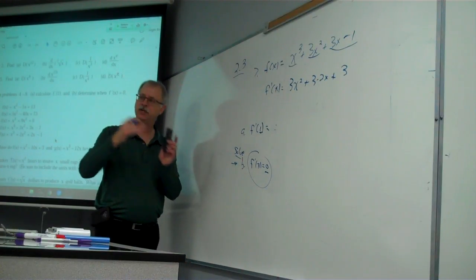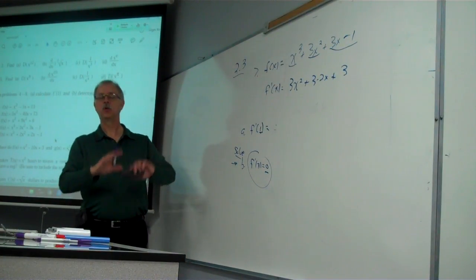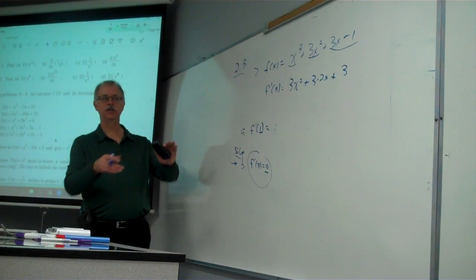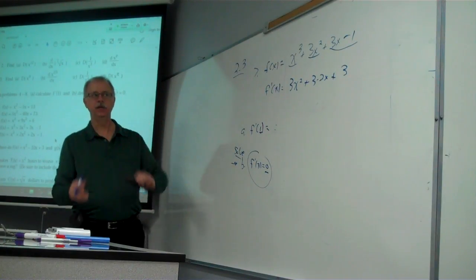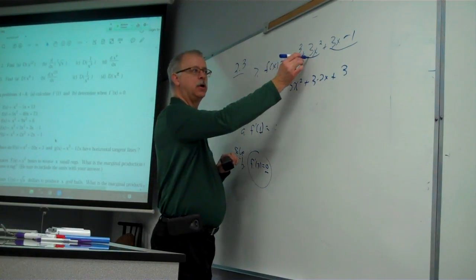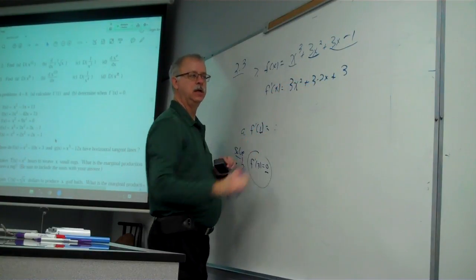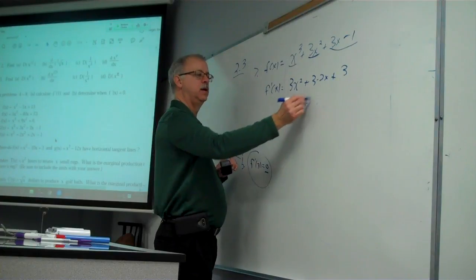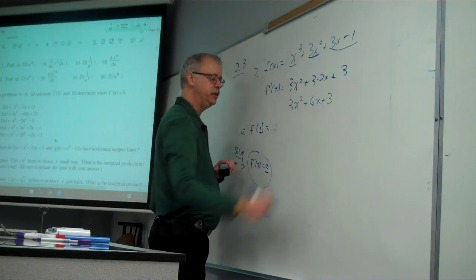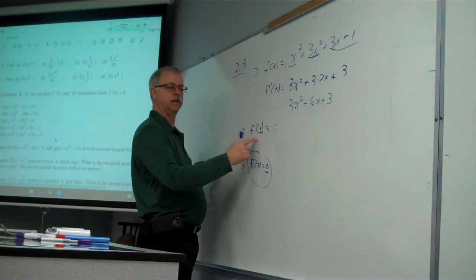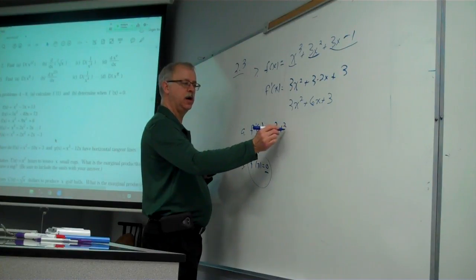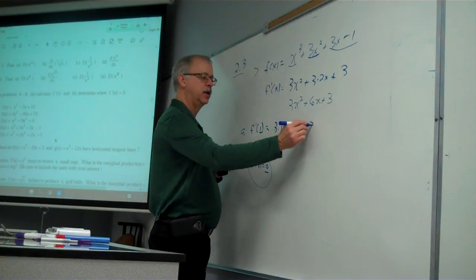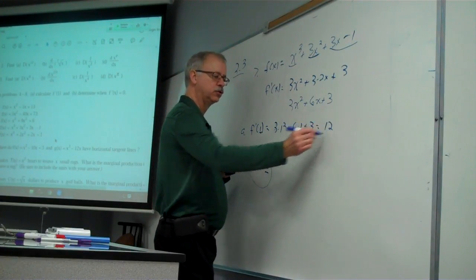So we can do it piece by piece. As long as we're adding or subtracting the pieces, we can do it piece by piece. Constant multiples, it's still the constant multiple times the derivative of the piece. And so we get here 3x squared plus 6x plus 3. And so at 1, this is 3 times 1 squared plus 6 times 1 plus 3, which I think equals 12.